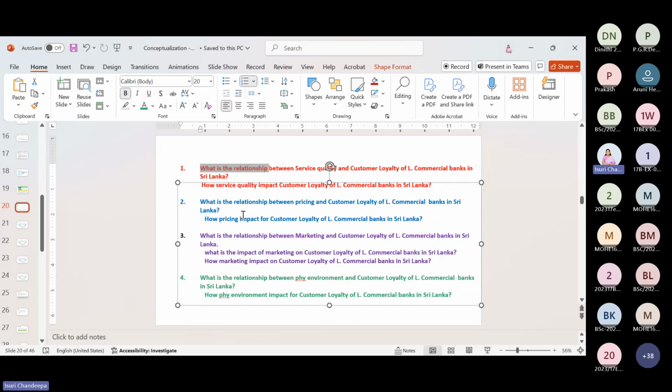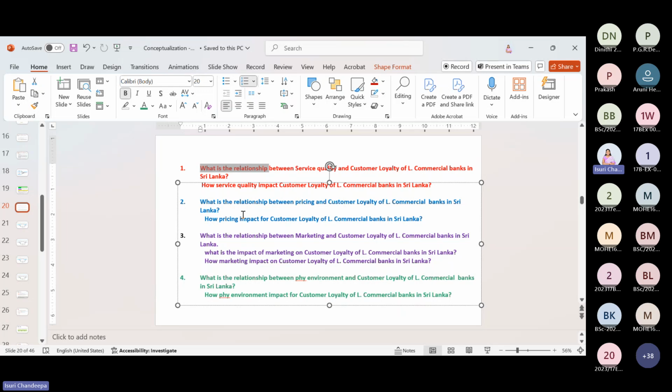Instead of that, if you have included what is the impact as the first question, you can write what is the impact for all of them. That means order with the standard should be there. So the first question is what is the relationship, the second is what is the impact, and likewise you can't develop it.